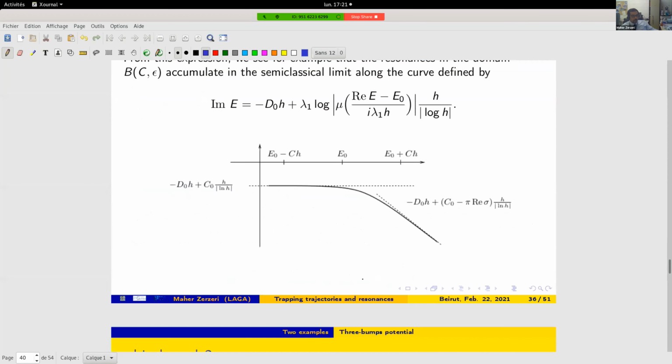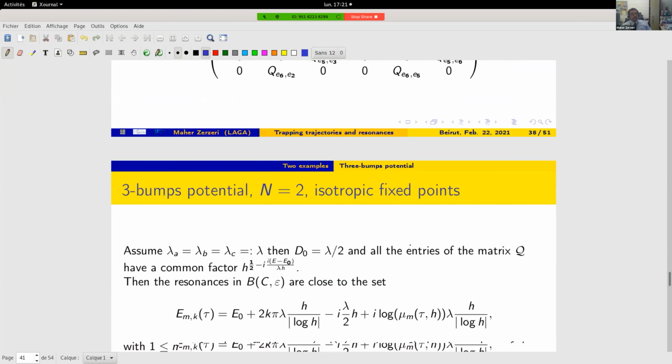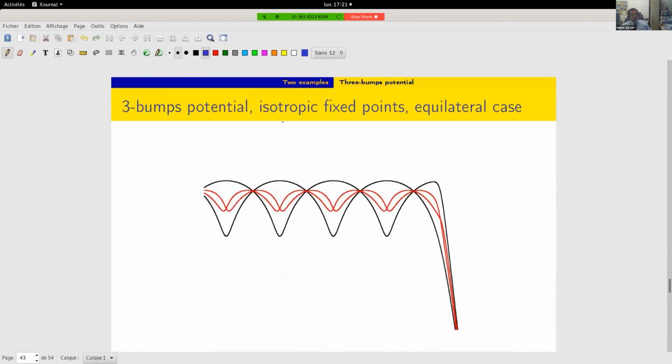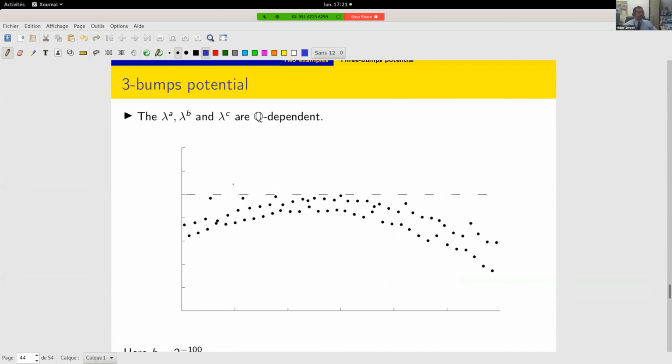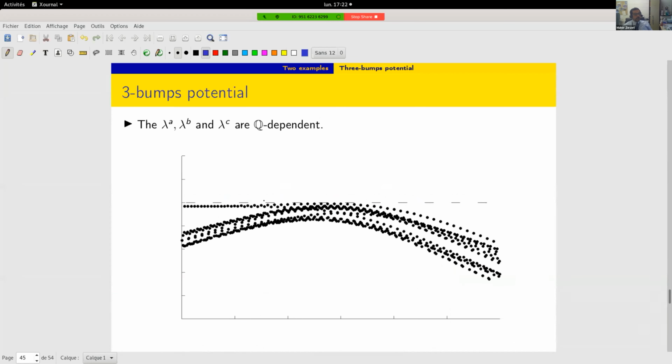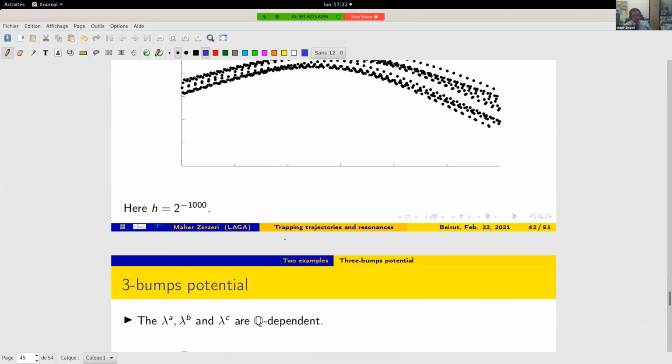So we reprove the theorem of Fugier and Ramond, and here maybe some simulation. If you take 3 bumps, the behavior of resonances is periodic. This is one fact. The second fact: if the geometry between the 3 bumps is dependent, we did some simulation and you have an accumulation curve.